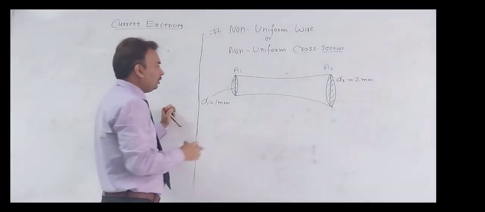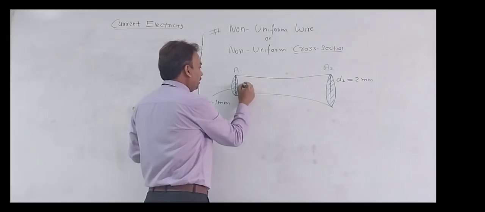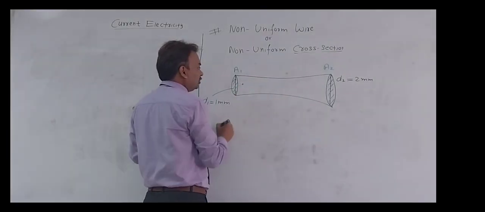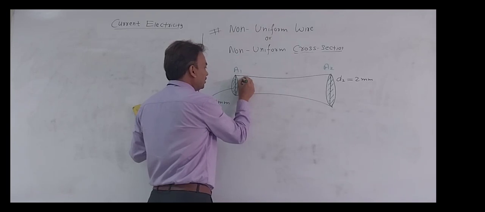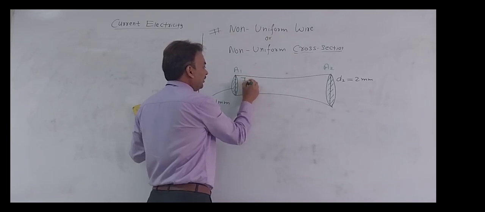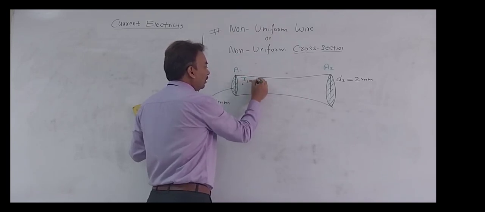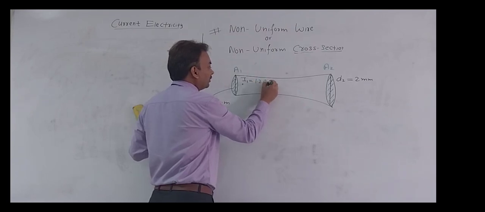So we are given a current. Suppose at this point the current is I1, equal to 1.2 ampere.